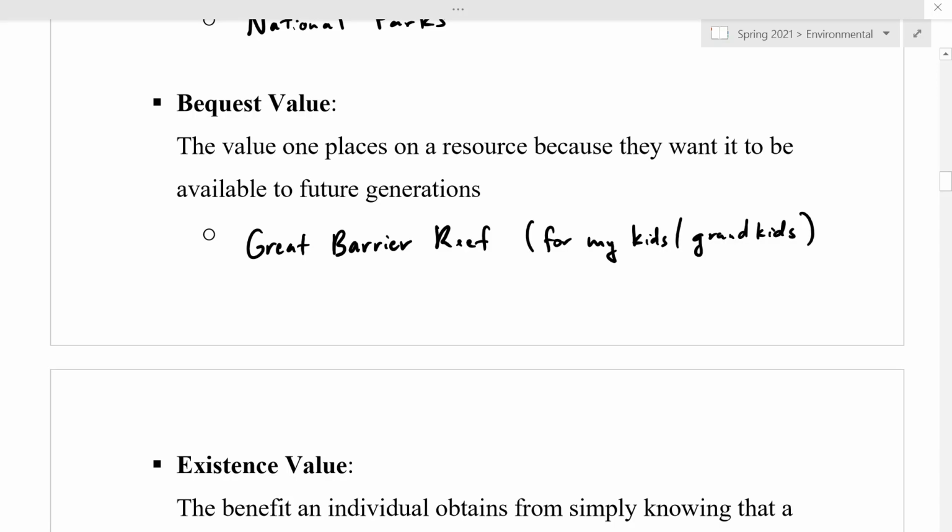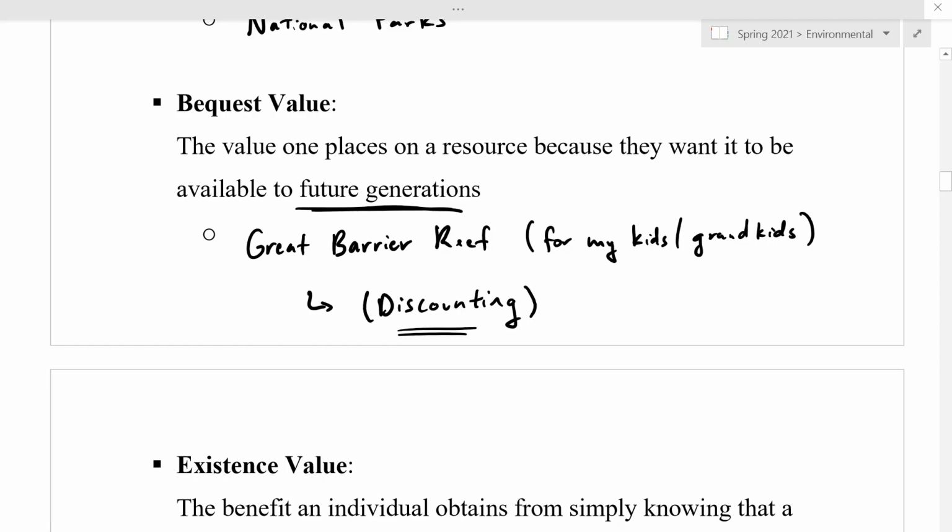Once you start thinking about future generations, this idea comes to what's called discounting, and that's how much I care about now versus how much I care about the future. The higher my discount rate, the more I discount the future, the more I live for the day, kind of. That's a topic for a different discussion.